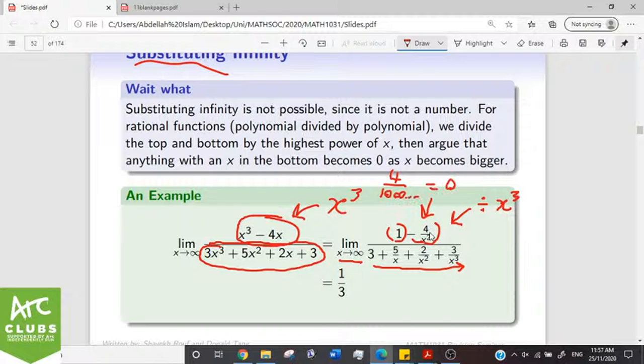So that's how we like to think of it. Similarly, 5 on x, for x being really large, goes to 0. 2 on x squared will also go to 0. 3 on x cubed will also go to 0. So we're stuck with 1 on the top and 3 on the bottom, so we get 1 on 3. That's how we do those.